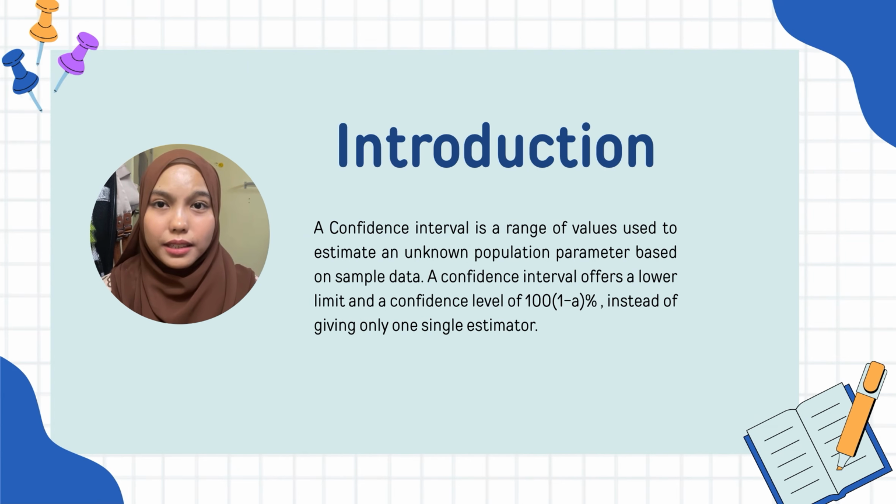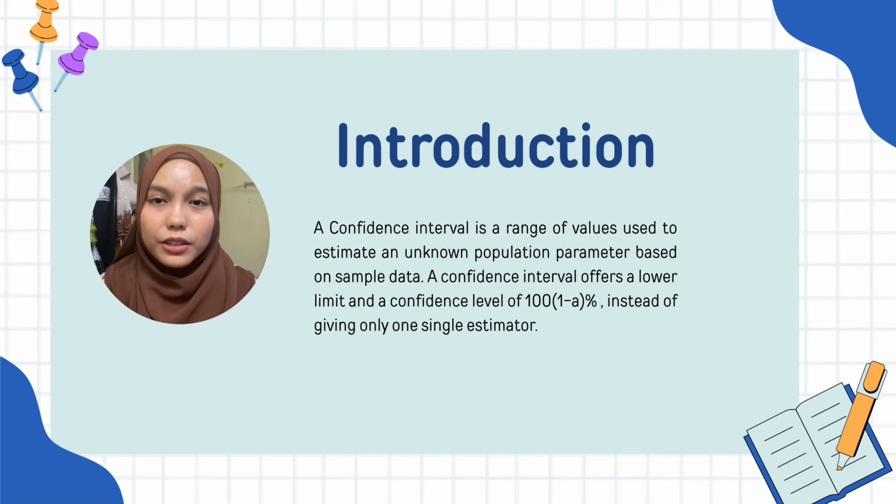Before discussing the derivation, let's first understand what a confidence interval is. A confidence interval is a range of values used to estimate an unknown population parameter based on sample data. Instead of providing only one estimate, it gives an interval that is likely to contain the true value of the parameter with a specified confidence level, such as 90%, 95%, or 99%.